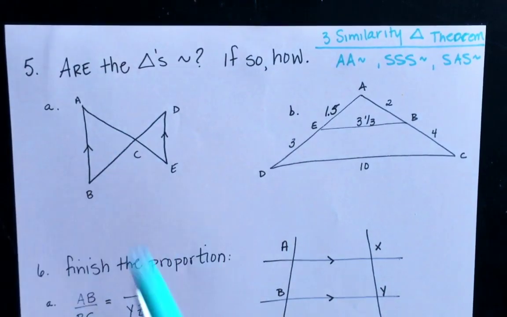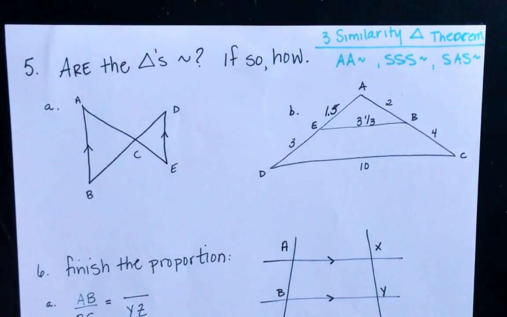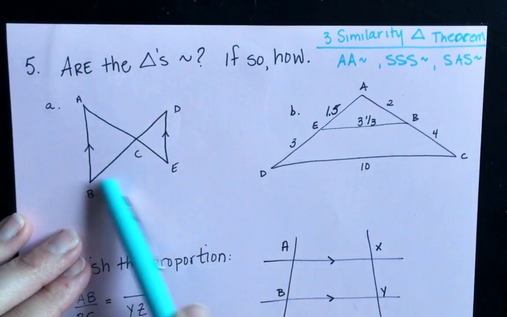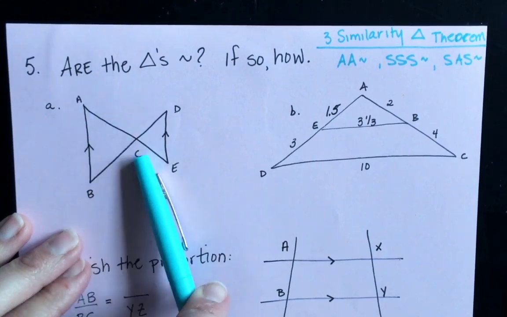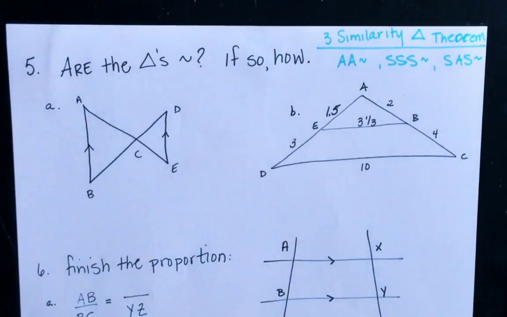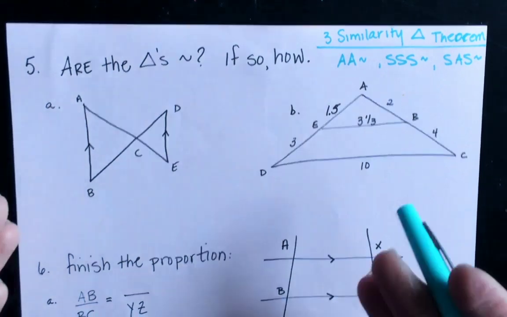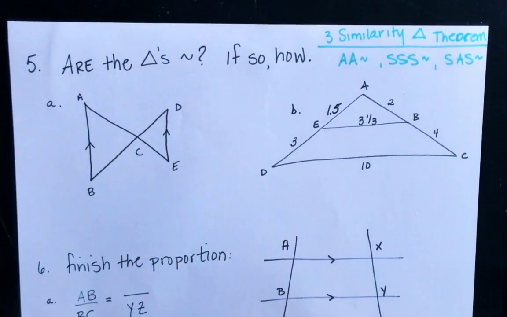We did talk about if you're guessing, if you don't see any numbers anywhere around this, it is typically going to be angle. Now, of course, it could be no, they're not similar. There's not enough information. But it's pretty much either yes or no, and then angle if you don't see any numbers.